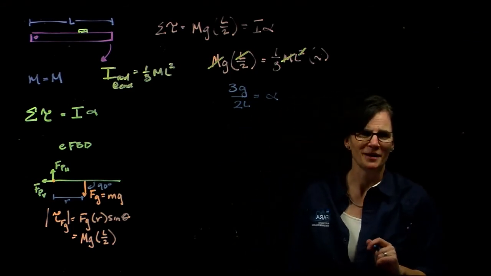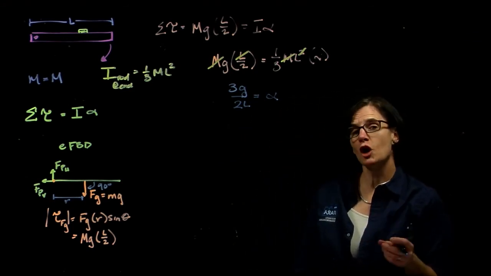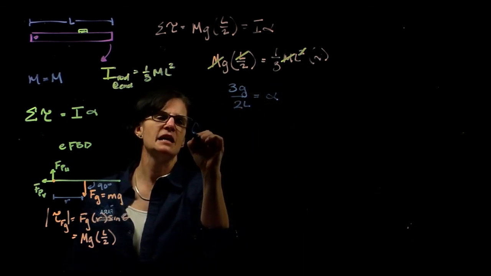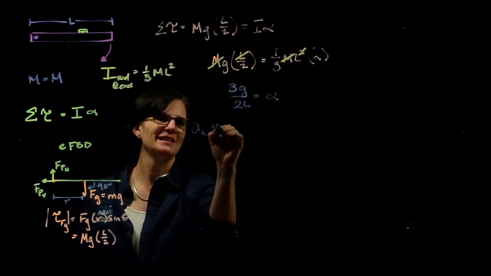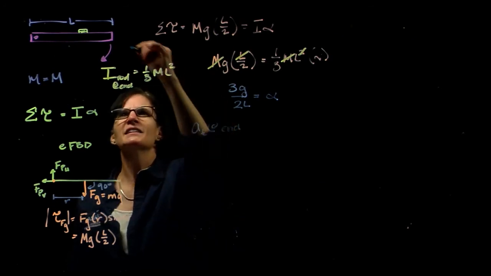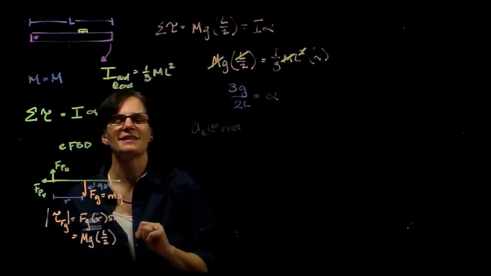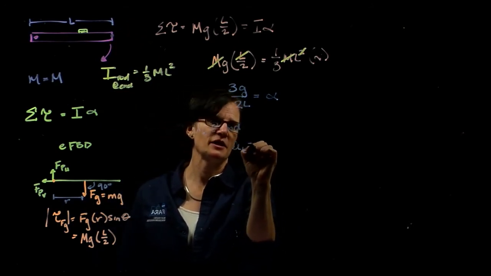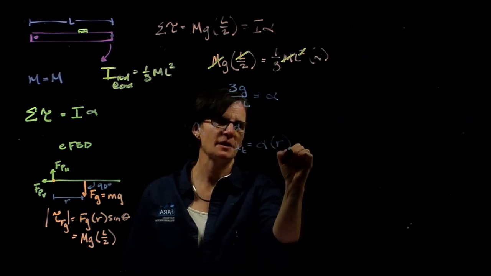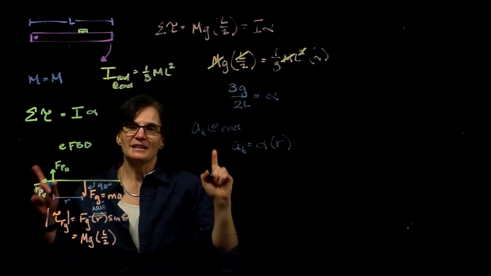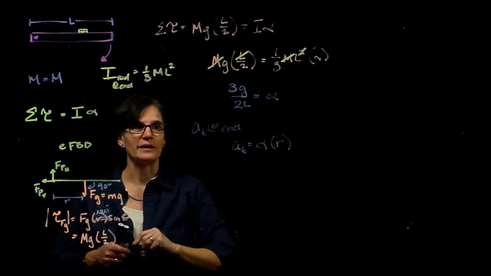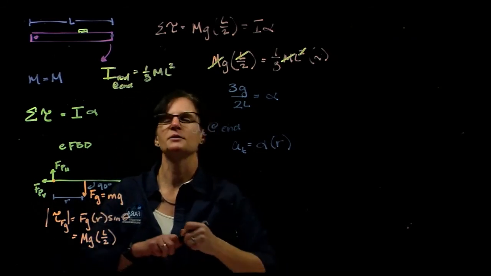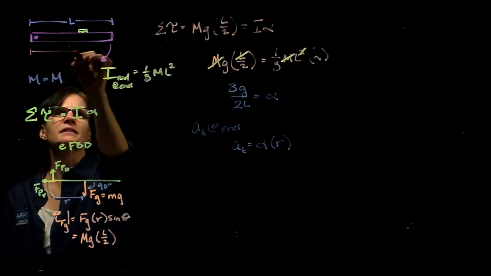All right, if that is the case, what is the tangential acceleration at the end? We know that the tangential acceleration is equal to the angular acceleration times the radius. Let's put in some values.